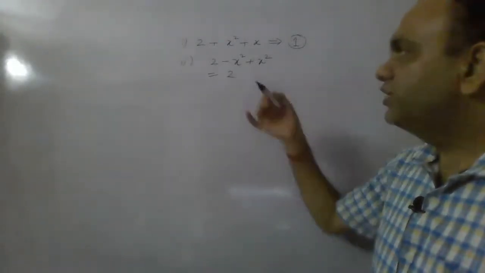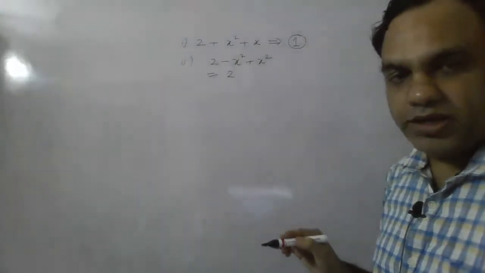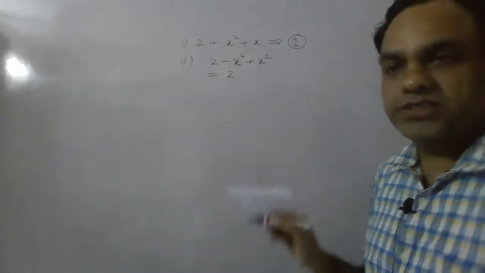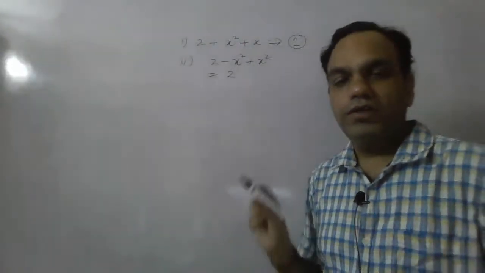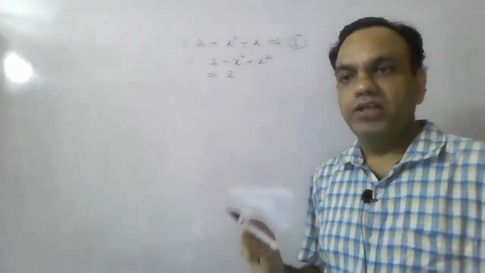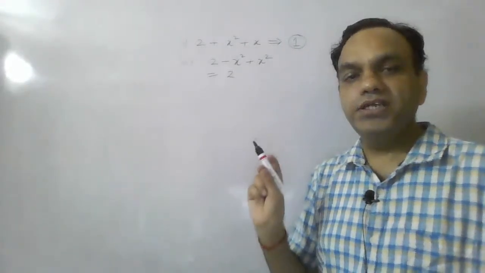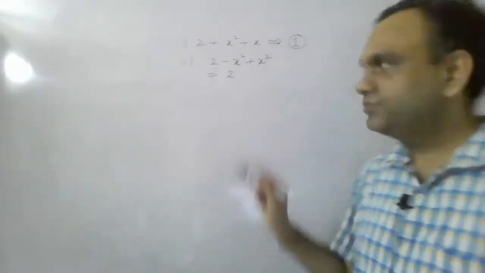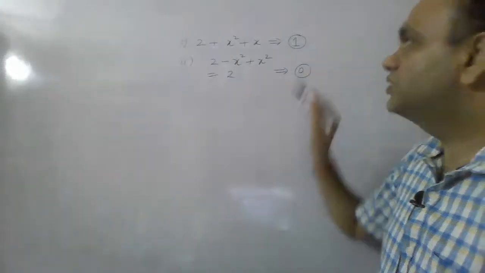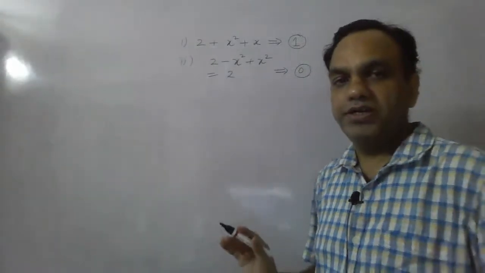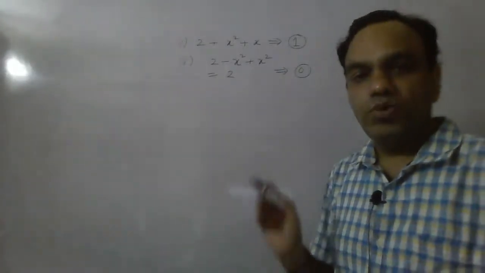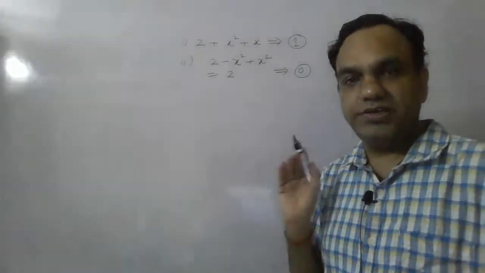If you find 2 and there is no term of x square, it means the coefficient of x square is 0. If any variable power is not present, then that coefficient is 0. So here the coefficient will be 0. Why? Because the x square power is not present. This minus x square and plus x square, both of them cancel each other.